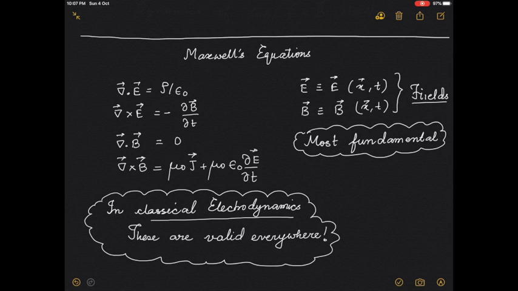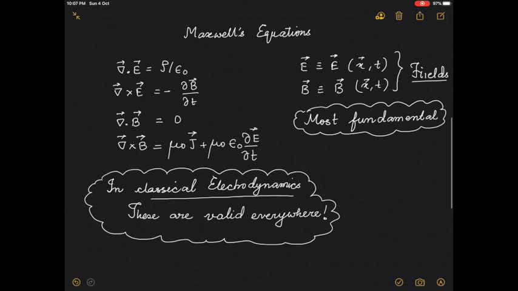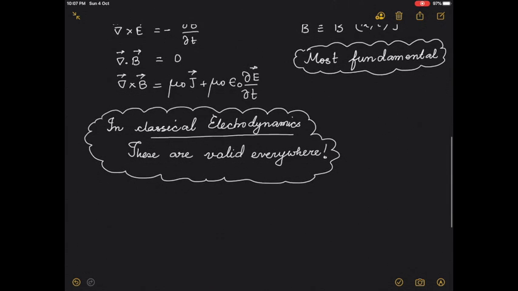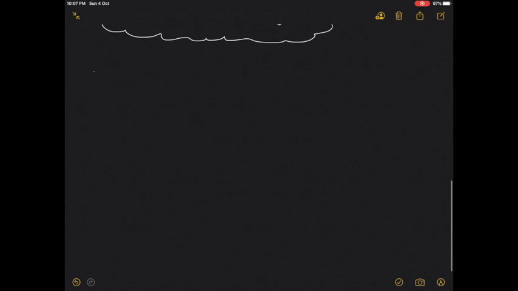Now let us discuss a few things about this. First of all, we realize that, so let me write them down here point by point. First of all, we realize that these are partial differential equations.